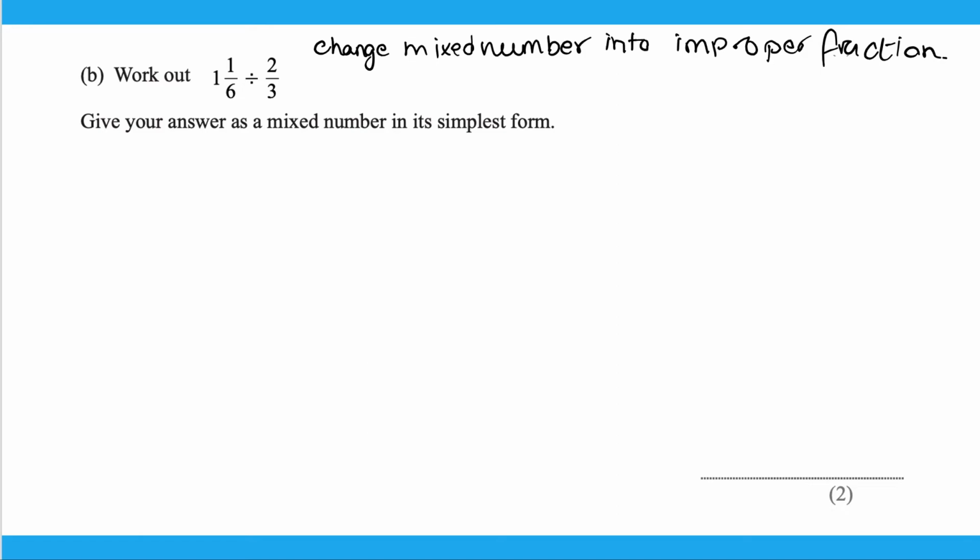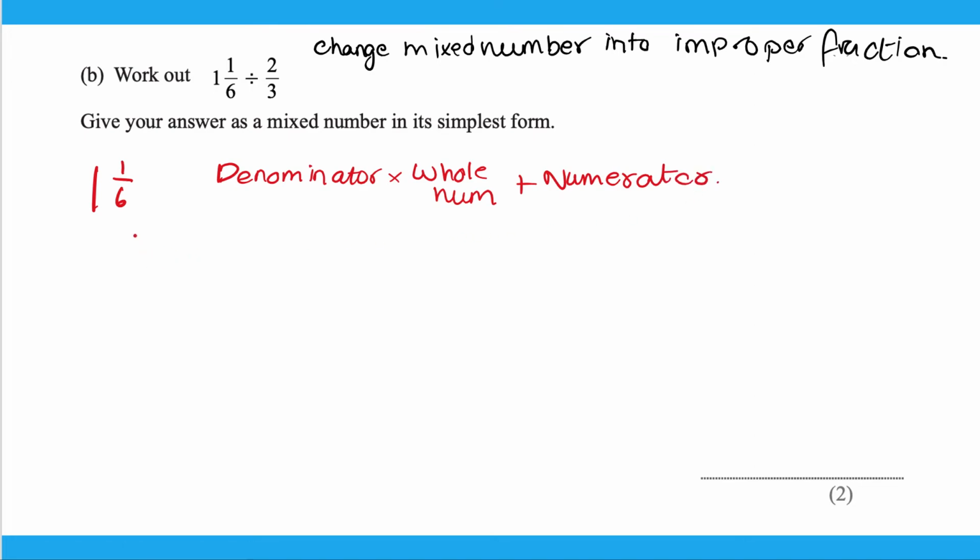Now whenever we're changing a number into an improper fraction, we have 1 and 1/6. You do the denominator multiplied by the whole number, and then you add your numerator, and the denominator doesn't change. So this is going to still have a denominator of 6, but we're going to follow this process to find the numerator.